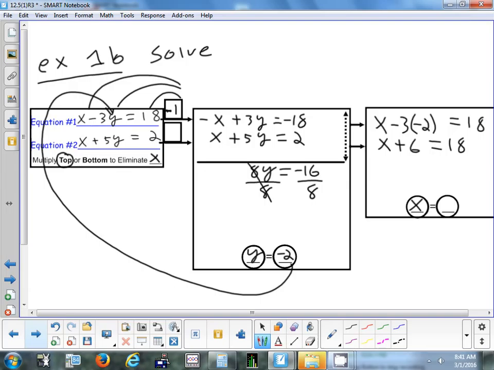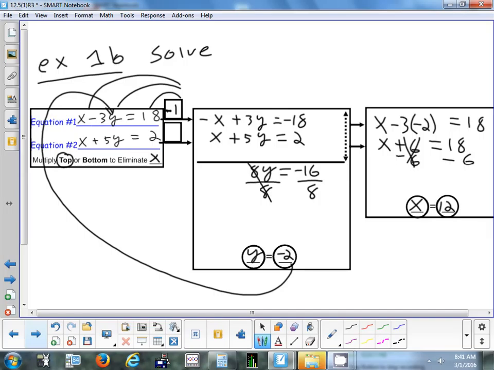Okay, and then after we multiply those together, what's my last step? How about, yeah, Logan? You subtract 6 from this side. Subtract 6. And we get, what's 18 minus 6, Logan? 12, yeah. Okay, and that's it.